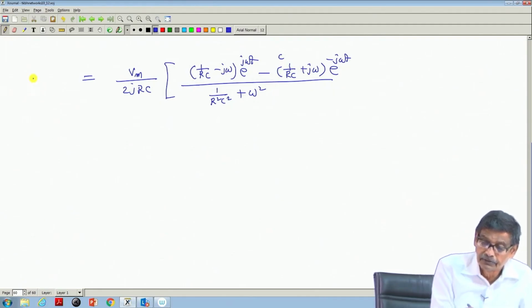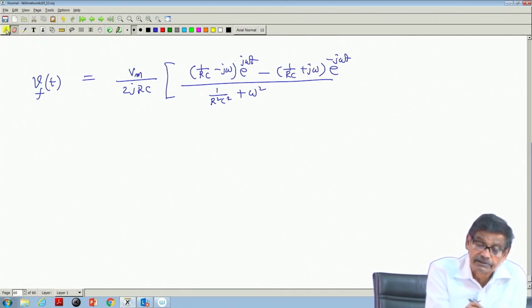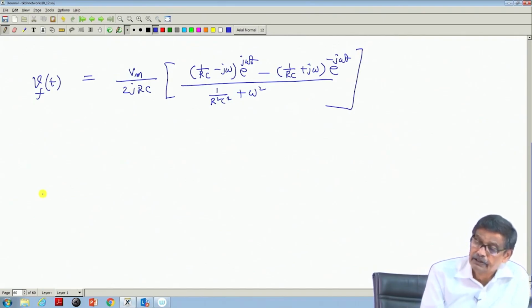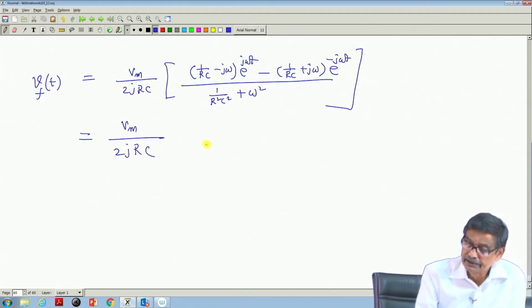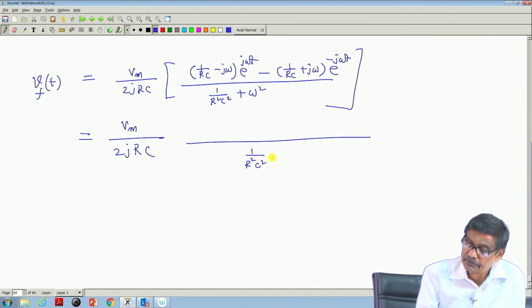So this is equal to only the solution due to forcing function. It will be like this. I think this came from previous thing, no? And here was the bracket close. This was the thing. Anything missed? No. So this thing is V m by 2 j R c, that is fine, and below it is 1 over R square c square plus omega square, that is also good.